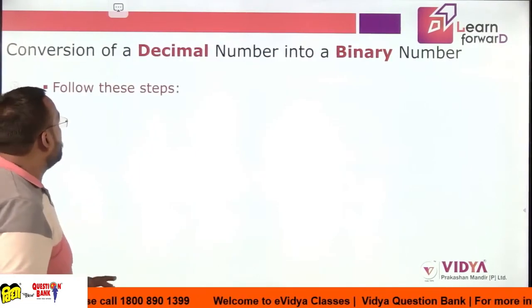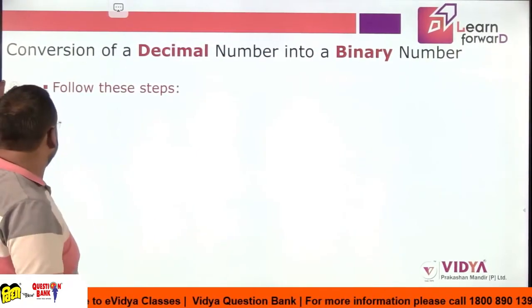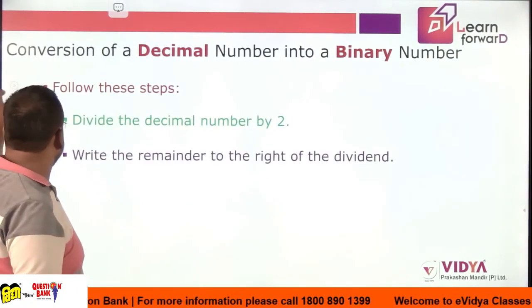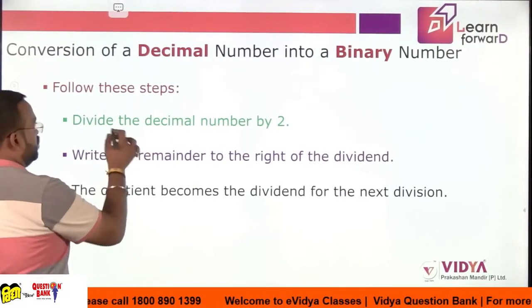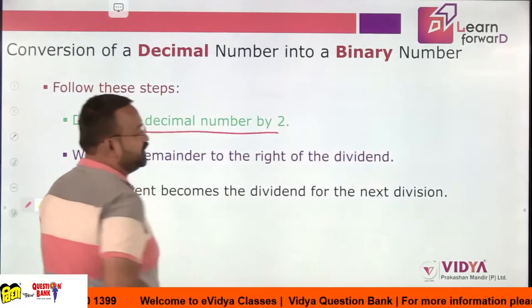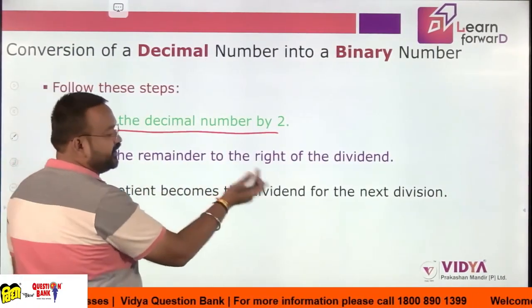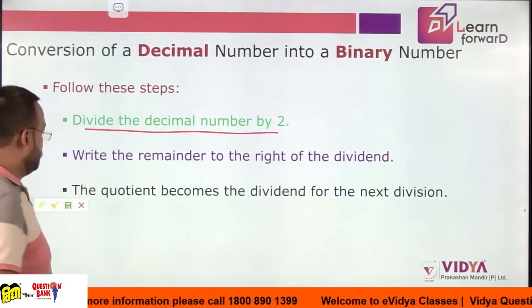Now let's see how we can convert a decimal number into a binary number. Here are the steps. First, you have to divide the decimal number by 2, and whatever the remainder is, we write it on the right side of the dividend.